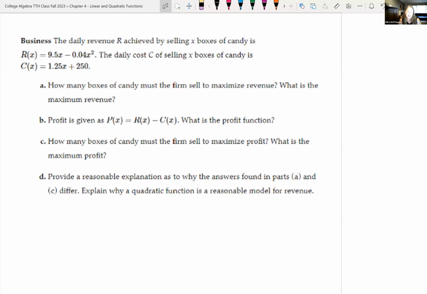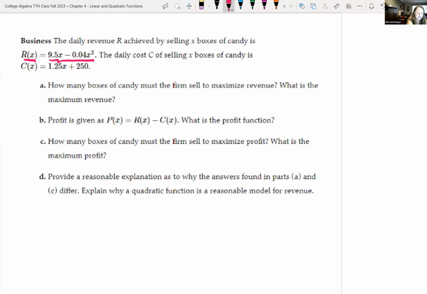So looking at an application of quadratic functions. The daily revenue R achieved by selling x boxes of candy is given by R of x equal to 9.5x minus 0.04x squared.